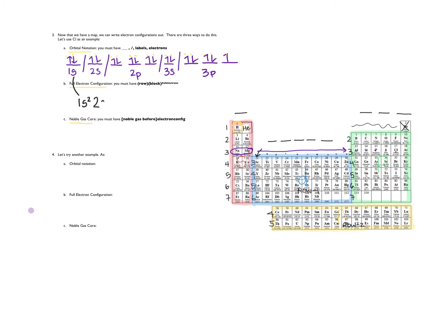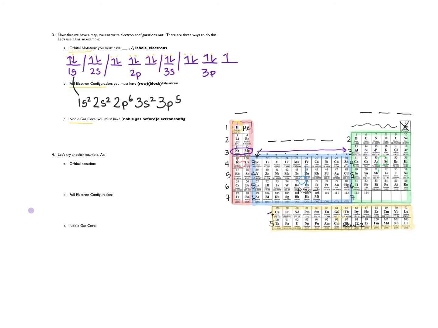And then 2s with an exponent 2, and then 2p with an exponent 6, 3s with an exponent 2, 3p with an exponent 5. That shows you where all the electrons are in chlorine. It doesn't show that things are spin up or spin down, and it doesn't show that the p's have 3 separate orbitals, but it still gives you a lot of the information that you need.